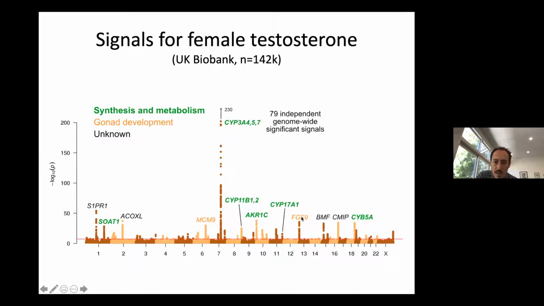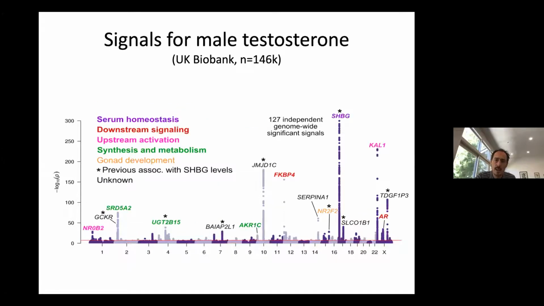We also see a small number of hits that are in genes involved in gonad development in females. In the GWAS, the Manhattan plot for males actually looks quite different. So there's almost no overlap between the hits that we get in males versus females.